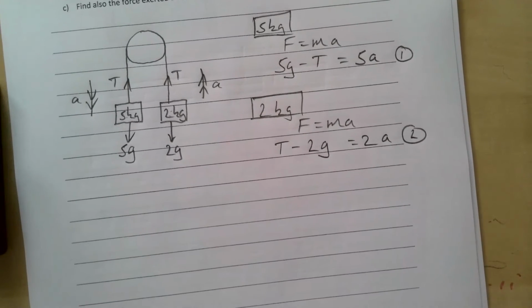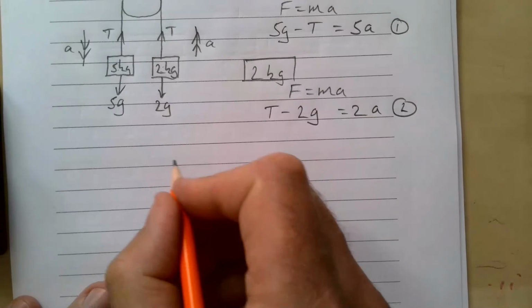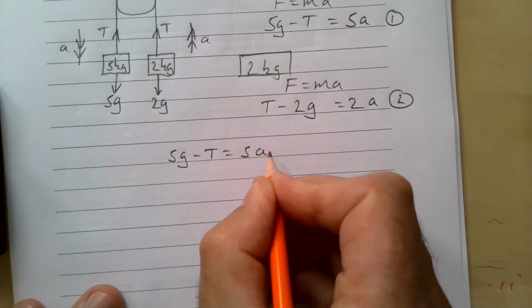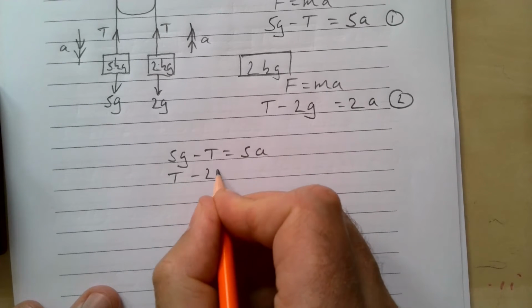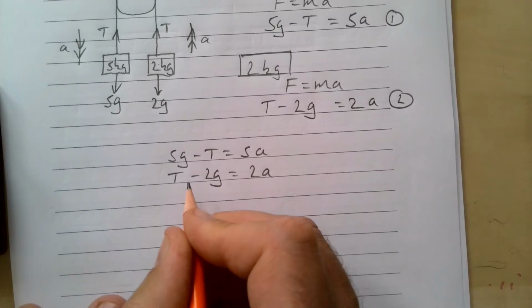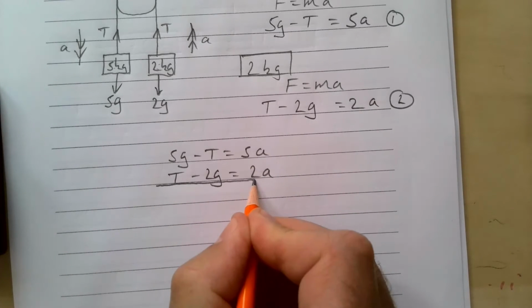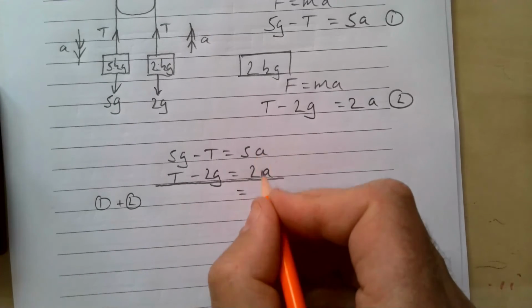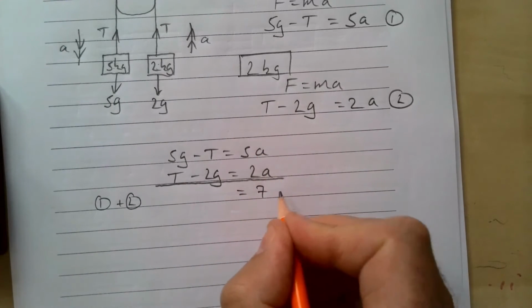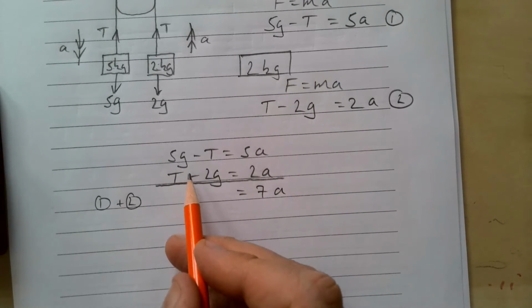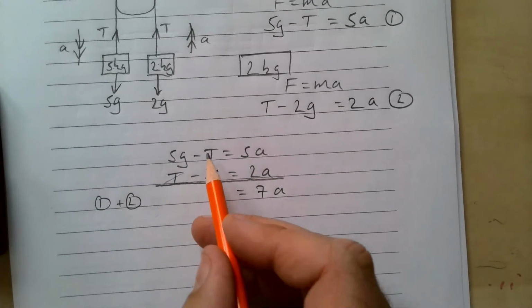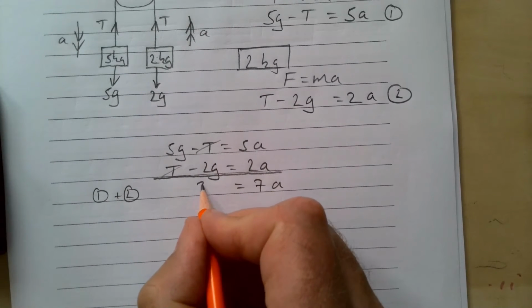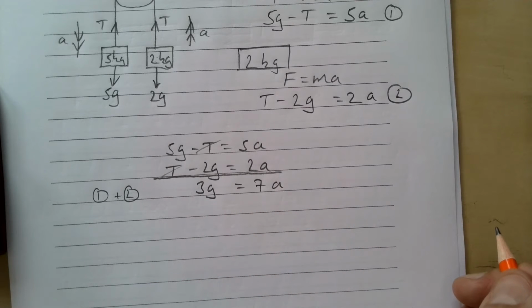If I bring those two equations together, let's see what we end up with. I'm going to have 5g take away T equals 5a, T take away 2g equals 2a, and the standard thing to do is add these two equations. 1 plus 2, again the right hand side is easier. Adding all the right hand side gives me 7a. If I add everything on the left hand side of both of these, the Ts disappear, because there's a minus T there and there's a T there, and I end up with 3g.